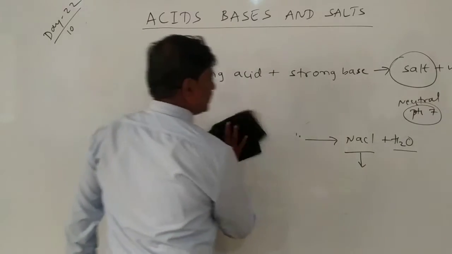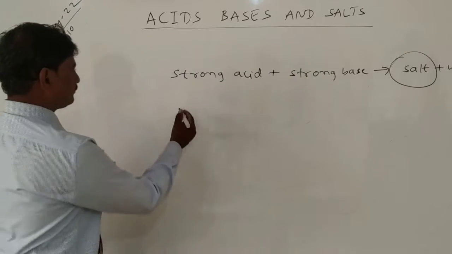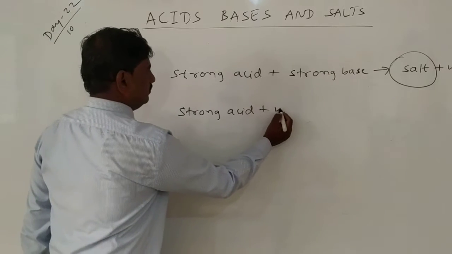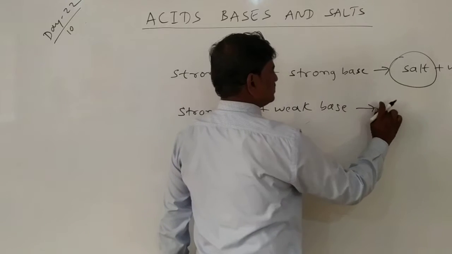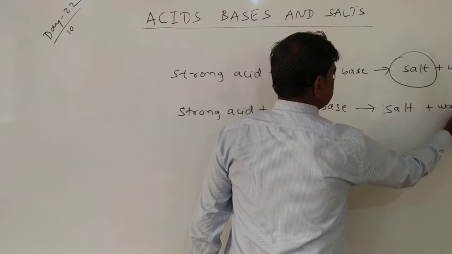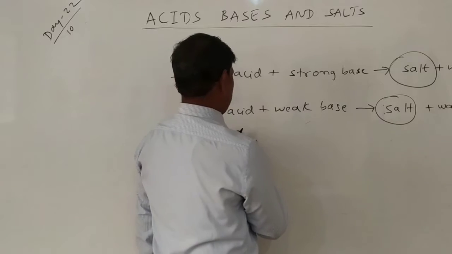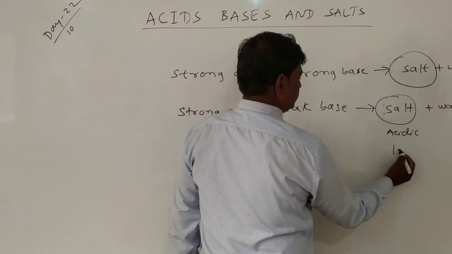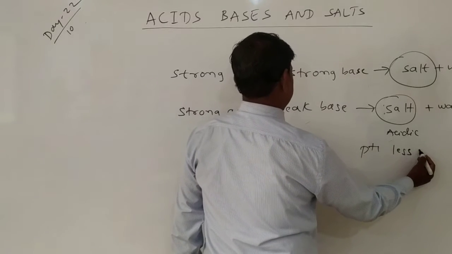Suppose there is a strong acid with a weak base, what will happen? There is also a formation of salt and water, but this salt is acidic, with a pH value less than 7.